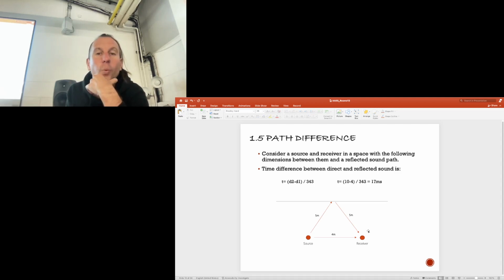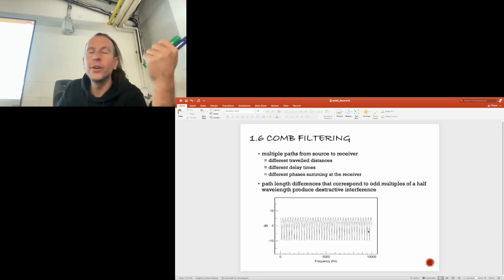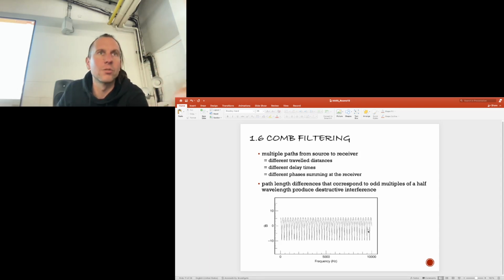Okay? So when you have summation with the path difference, what you get is comb filtering. And this is something that sometimes I'm inspired and can draw quite well, in terms of why on earth does it happen at multiple frequencies.